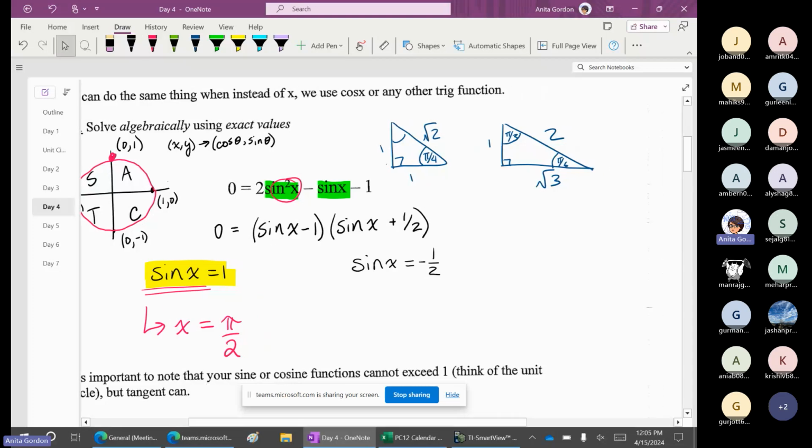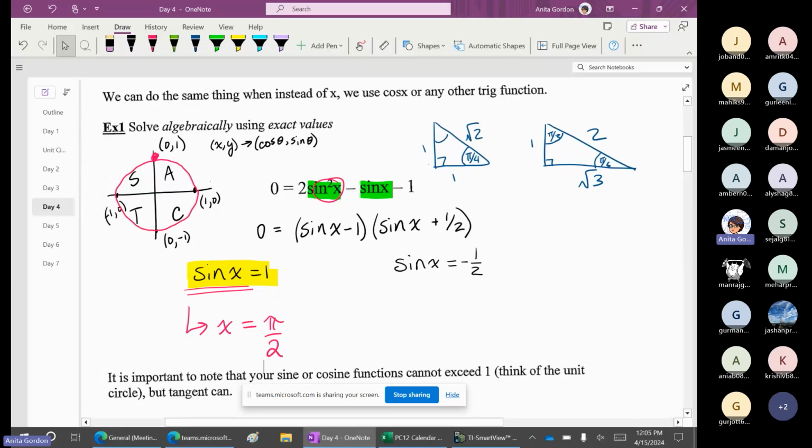Now for the next one, I have sine x equals 1 over 2. And don't forget that it is a negative 1 over 2. So my y value on the unit circle is 1 over 2, and it's negative. Well, there's two possibilities. Either I am somewhere over here or I am somewhere over here. Both of those legs have a negative y value, right?